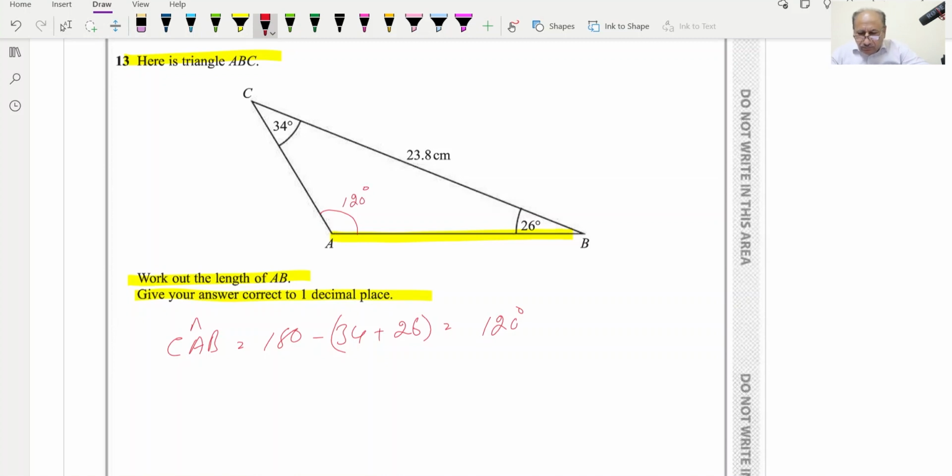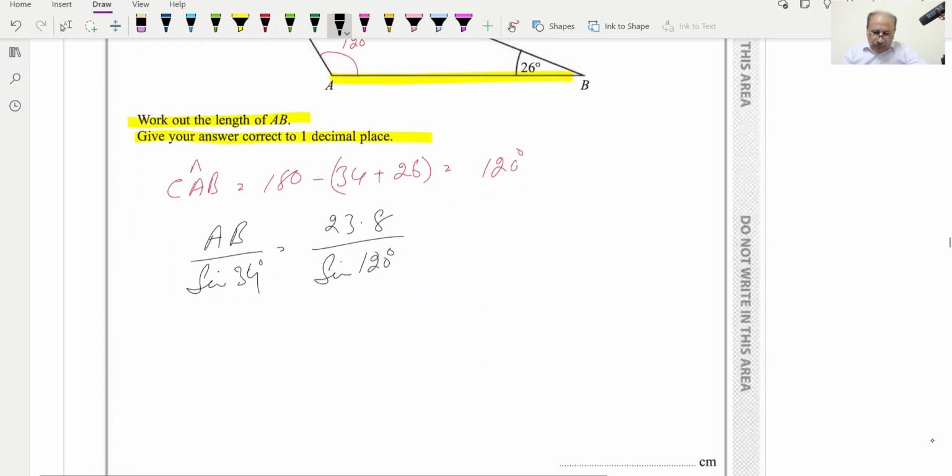Now we can apply the sine rule. AB over sine of 34 degrees will be equal to 23.8 divided by sine of 120 degrees. And now we can find AB.